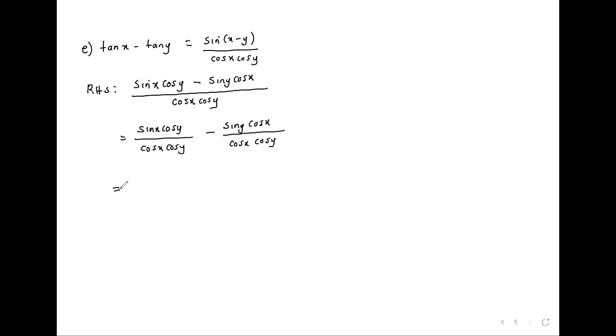Then what's common? Here cos y remaining, sin x over cos x, which is tan x. Here cos x remaining, sin y over cos y, which is tan y. This is the left hand side.